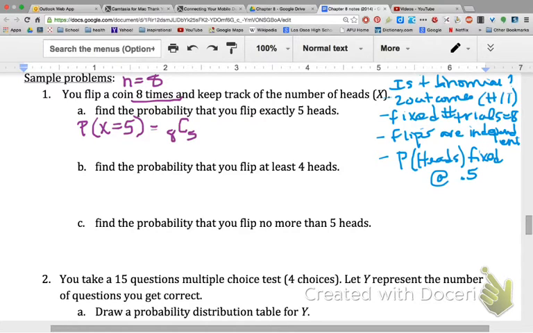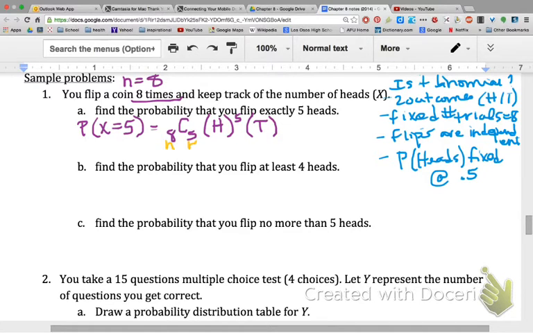So it would be 8C5, because here's n, the number of trials, and r is the number of successes that I want. And then I have to do success. So I'm just going to write this right now, which is heads, and I would like 5 heads, and then the fail is tails.